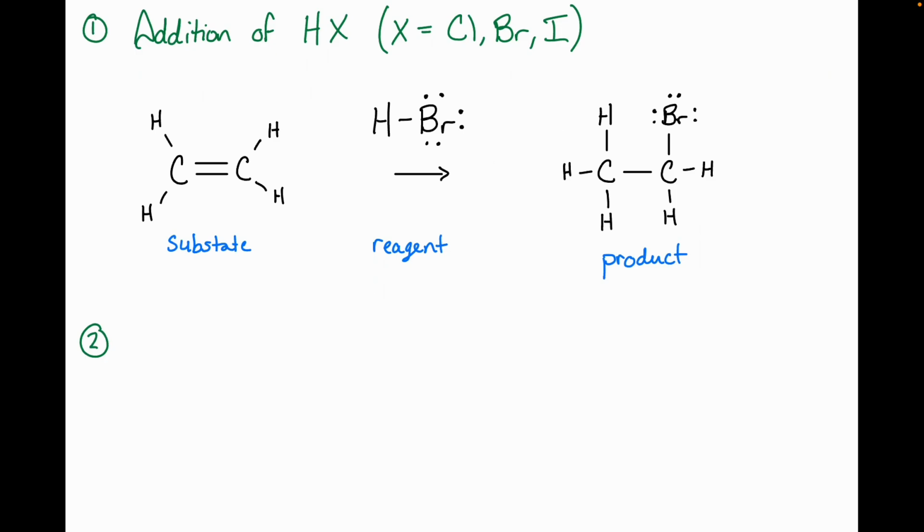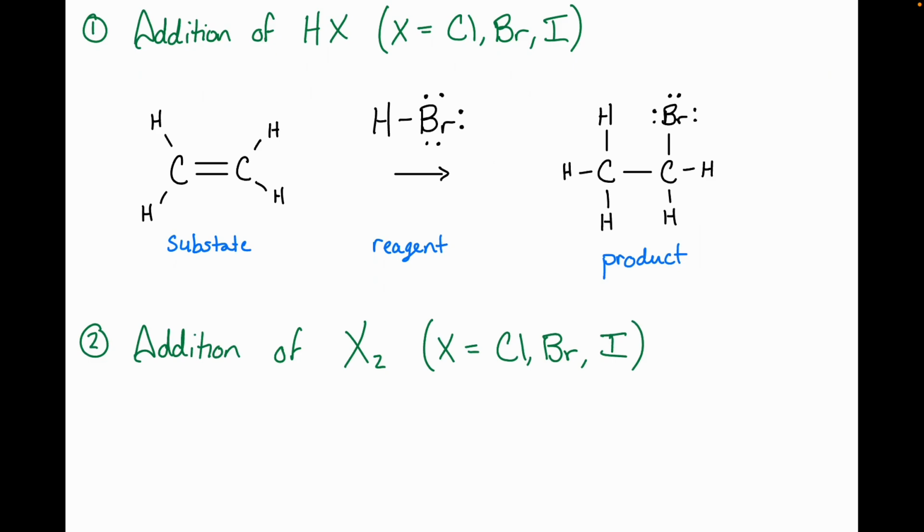All right, the second reaction we're going to learn about is, again, an addition reaction, but of a diatomic halogen. So again, X is going to be chlorine, bromine, or iodine. If you remember from general chemistry, those halogens are diatomic, so in nature they're always found in pairs.